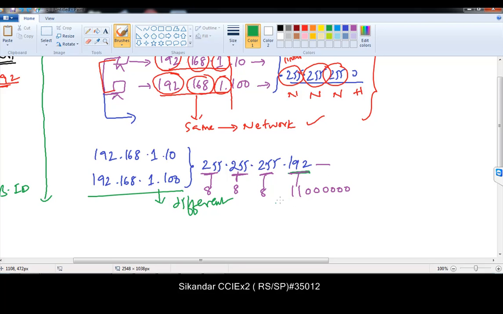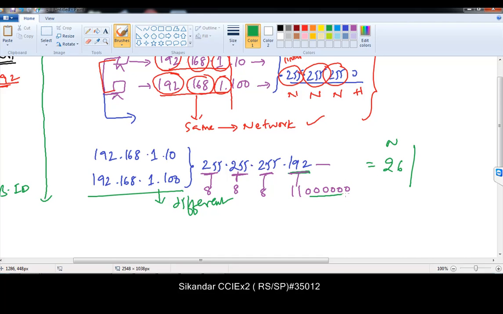So there are 2 network bits. The total becomes 8 plus 8 plus 8, which is 24, plus 2, so it becomes 26 network bits.